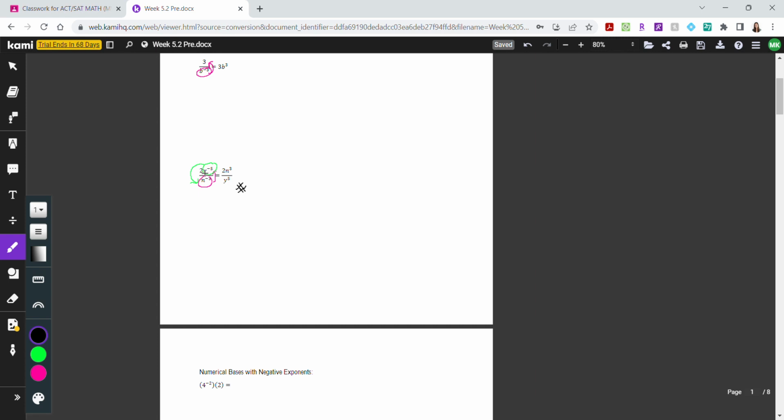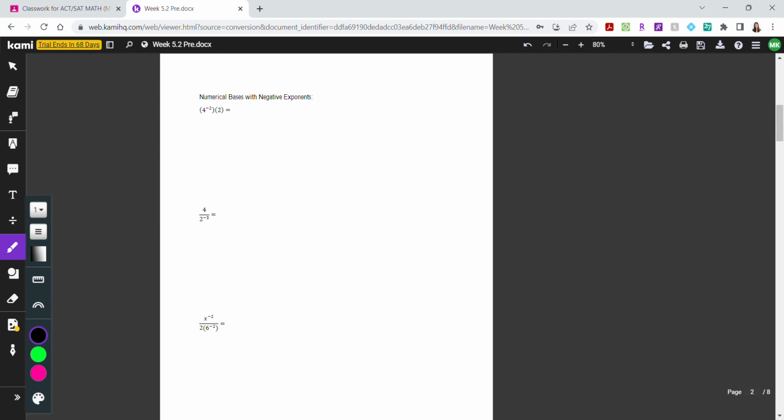It is not the coefficient that's going to change the signs. It's only the exponents that will change their signs to positive and negative when you turn it back and forth. Not the coefficients, the exponents. Now, to answer questions with numerical bases and a negative exponent, this is my tip.